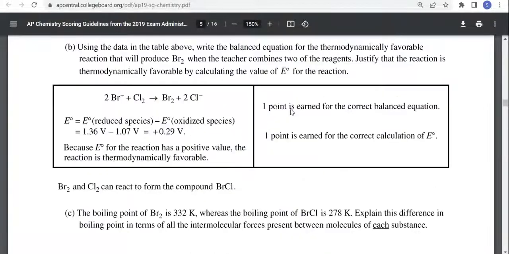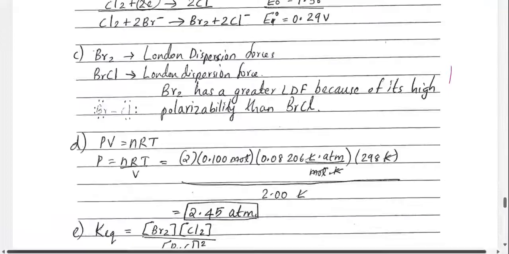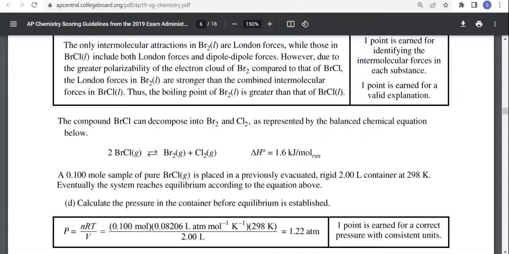And unfortunately, with this only being a 1-point question, they're going to receive no points, even though that's the only thing wrong with their answer. So if it's a multi-point question, you can get partial points, but they don't give out half points. If it's a 1-pointer, it's either 0 or 1. So that is going to be a 0, unfortunately.